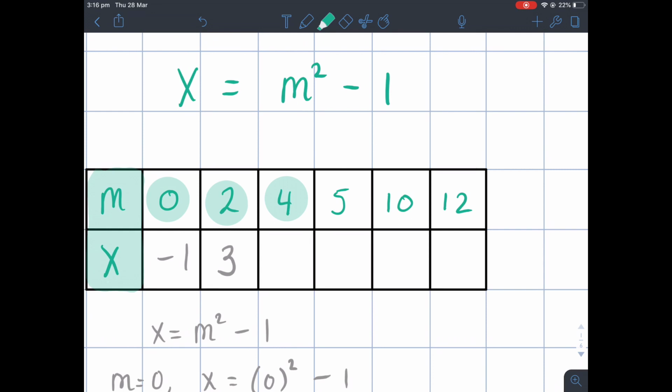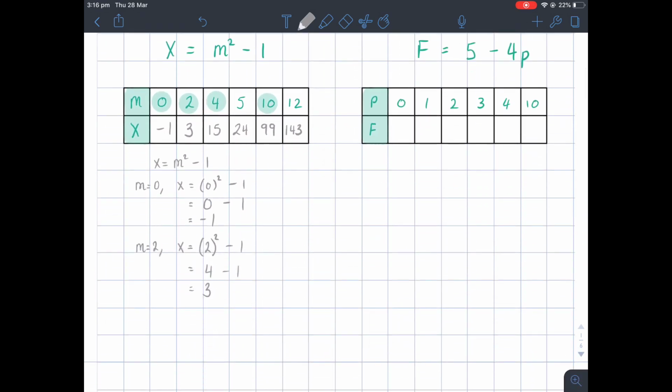So when m is 4, we get 4 squared is 16, minus 1 is 15. When m is 5, 5 squared is 25, minus 1 is 24. When m is 10, we get this time 10 squared, which is 100, minus 1 is 99, and the last one there is 12 squared is 144, minus 1 is 143.